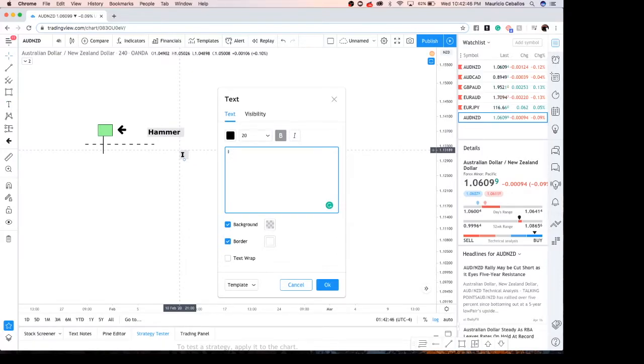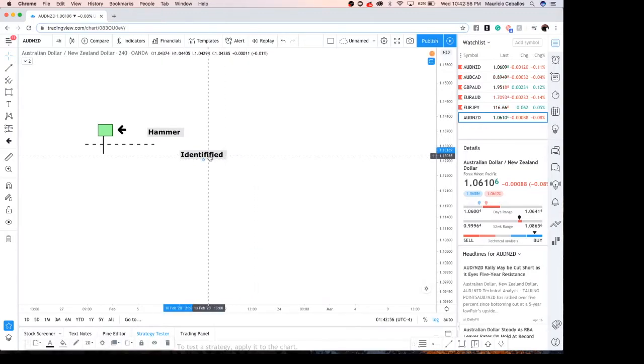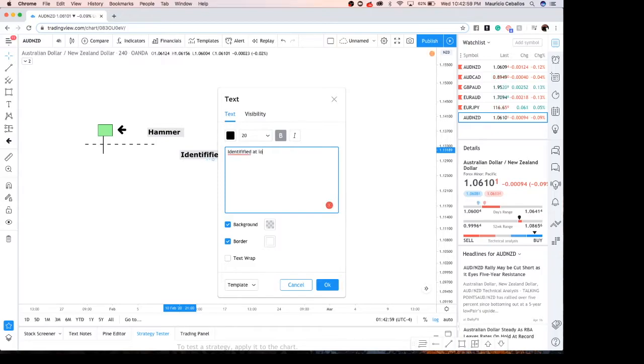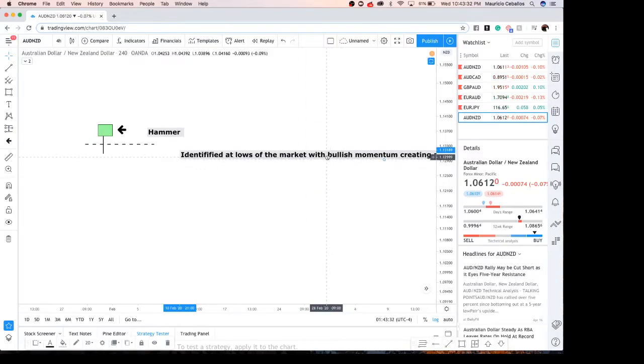Okay, we identify our hammer at low points of the market, or also known as lows of the market, with bullish momentum, creating a wick of exhaustion and bullish closure. Okay, a wick of exhaustion and bullish closure.